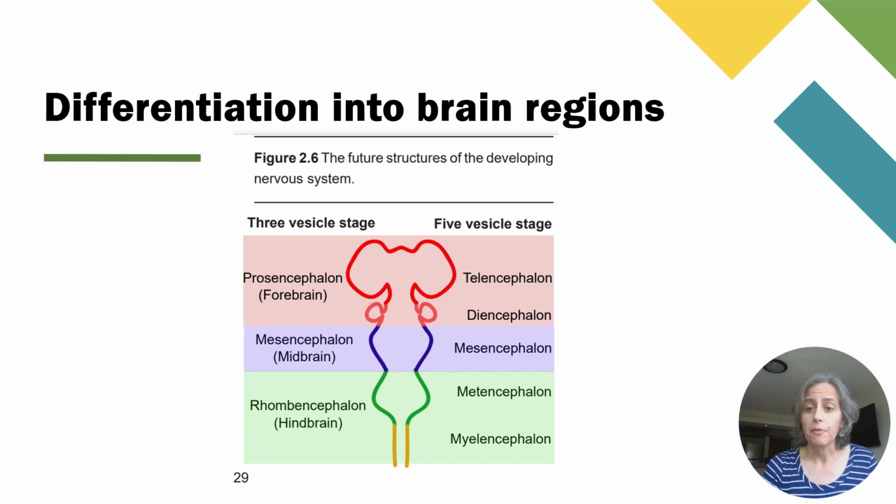Well, they go from the 3-vesicle stage to the 5-vesicle stage. So that prosencephalon, that forebrain, is going to further subdivide into two little bubbles, the telencephalon and diencephalon. Mesencephalon stays the same, and rhombencephalon also subdivides into two little bubbles, the metencephalon and the myelencephalon.